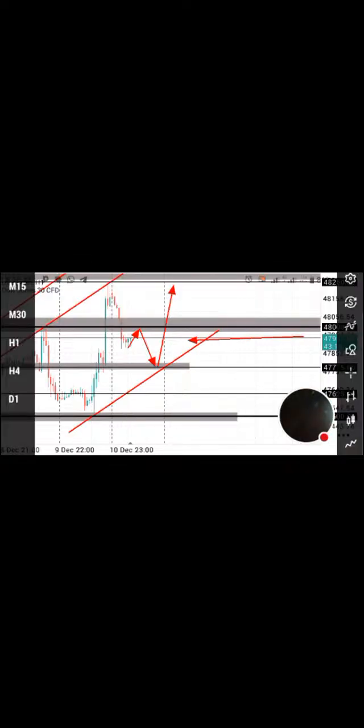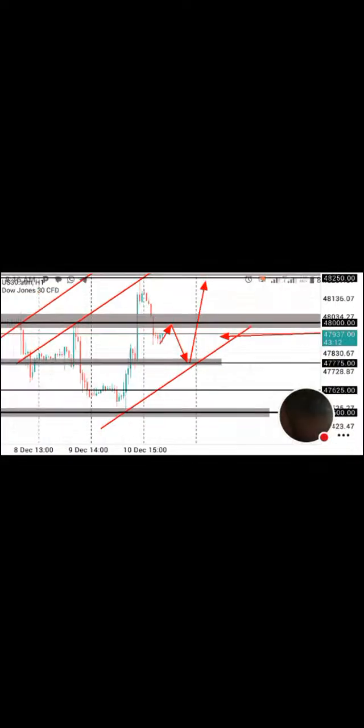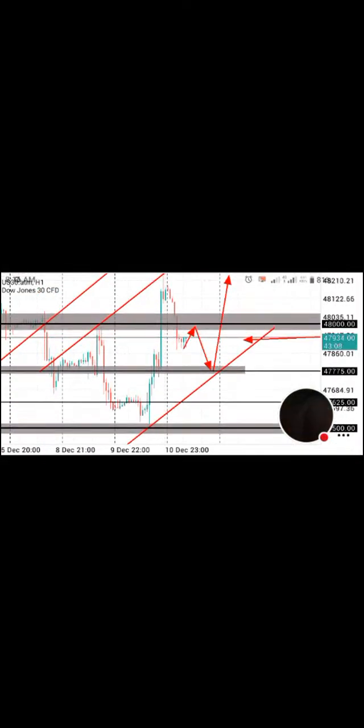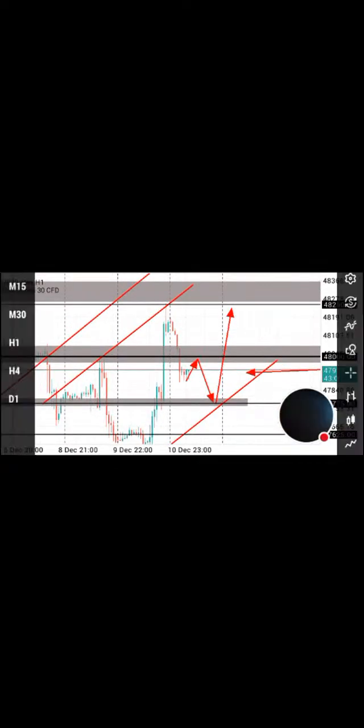So now, this is our analysis on this US 30. So we still have GBP JPY and GBP USD. So you can see how the market is from the 4 hour time frame.